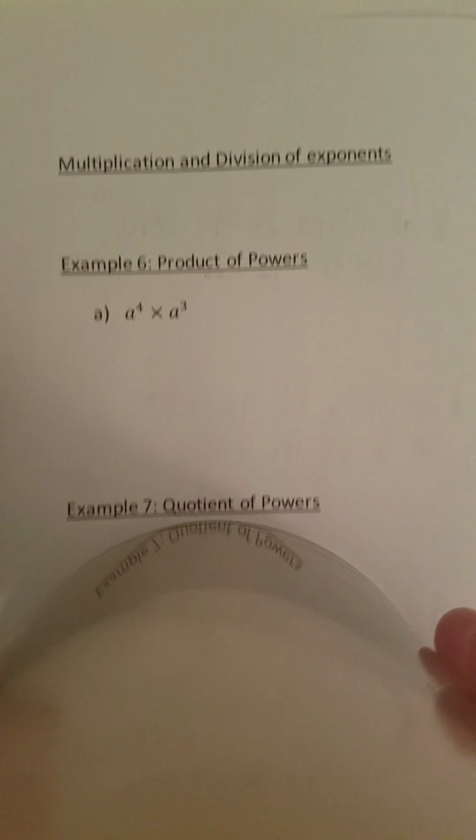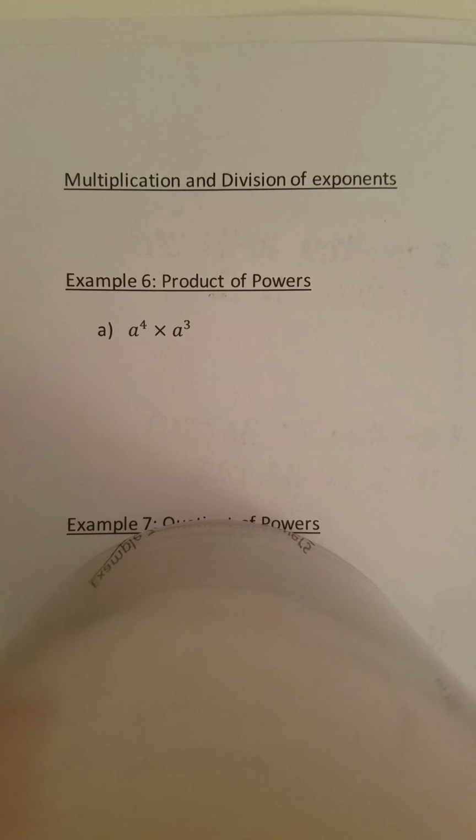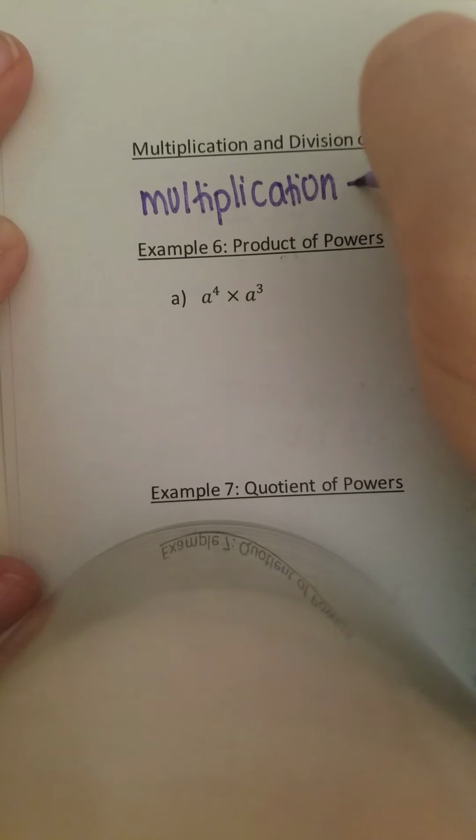All right, we have 2 more rules for this video. In this one, we're going to talk about multiplication and division of exponents. So multiplication in this case is always going to go with addition.